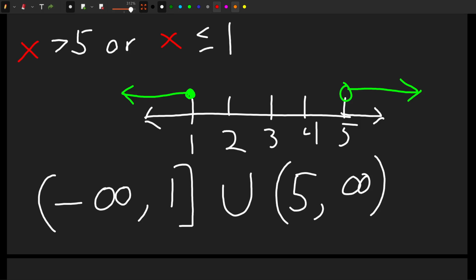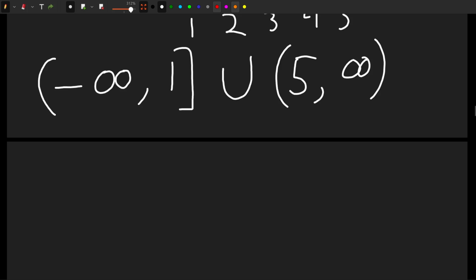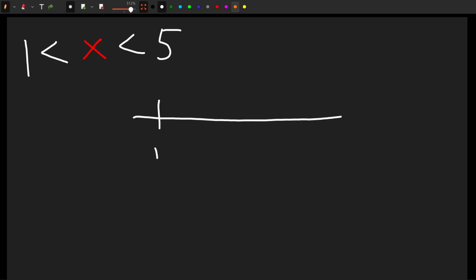And last but not least, if we have not a union inequality, but instead an intersection inequality, something that looks like 1 is less than x is less than 5. For my number line, I'm going to get something that looks like this.